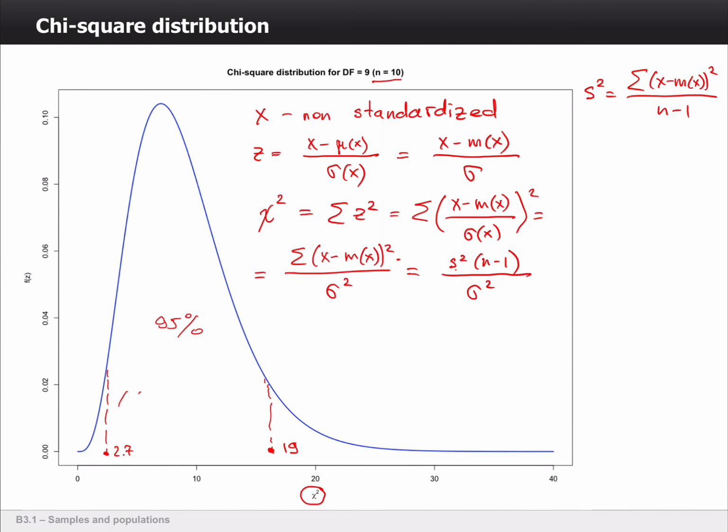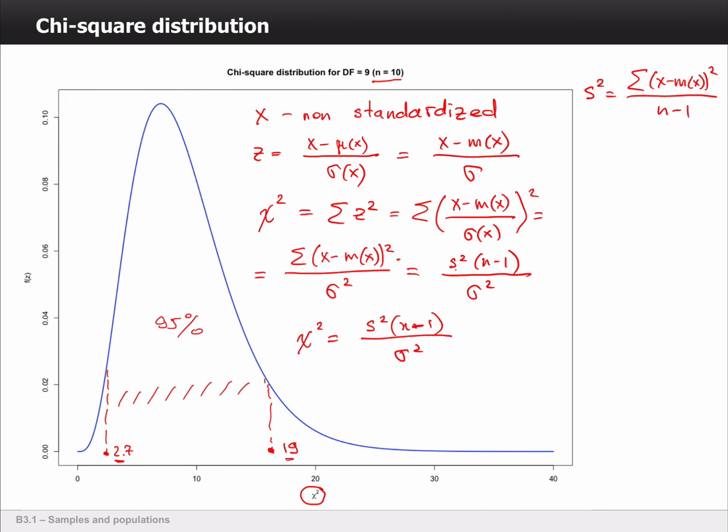So this distribution tells you sort of how big can the variance of your sample differ from the variance of your population, okay? But on the other hand, if you know that, for example, it can be between 2.7 and 19, right? So you can switch this. So instead of, let me write it again, chi-squared equal to s squared times n minus 1 over sigma squared, right?